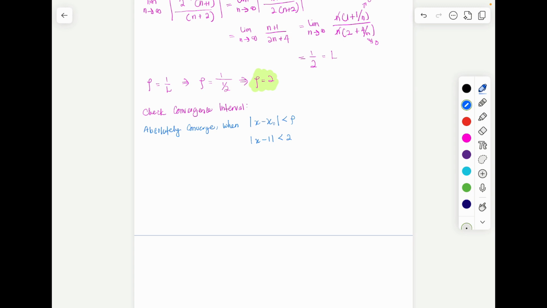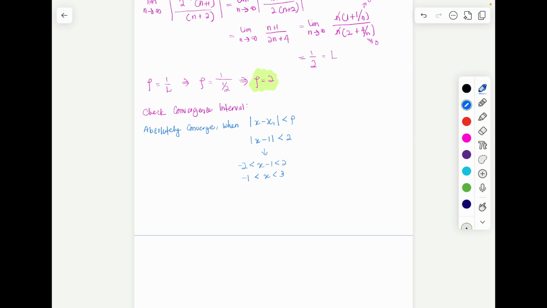Now you can expand this absolute value, so it becomes x - 1 less than 2 and greater than negative 2. So x is less than 3 and greater than negative 1.